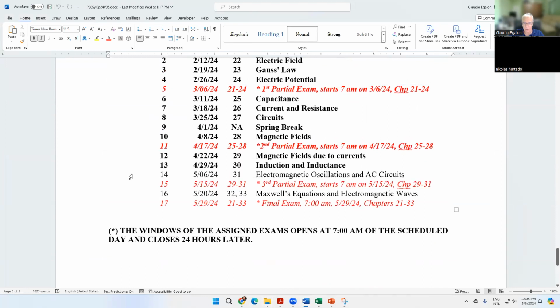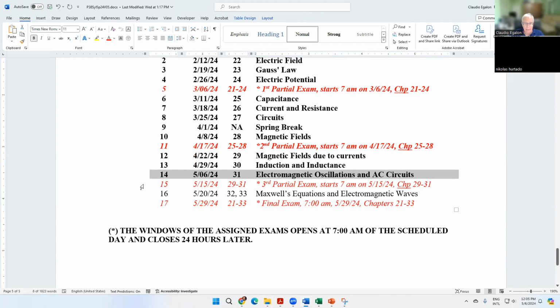Okay, today is May 6th. Oh, wait a minute, what's going on here? Oh, yeah, that's right. The 15th is going to be next week. The 13th is going to be Monday, and the 15th is going to be Wednesday. That's going to be the third partial exam, and those are the chapters.